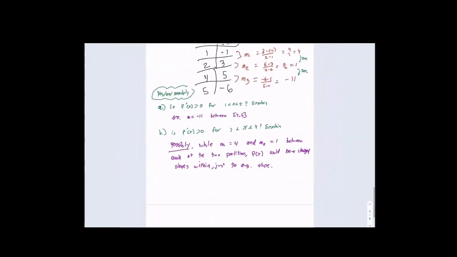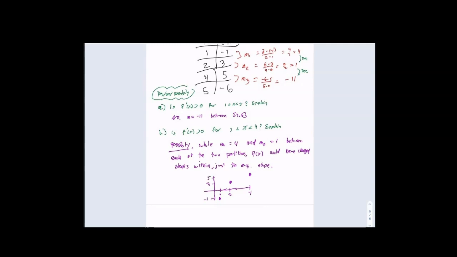Let me give you a small table here, or kind of graph. I have x equals 1, 2, and 4, and the values are -1, 3, and 5. And you would think if you just looked at it, oh, the function's increasing. It goes from -1 to 3 to 5.